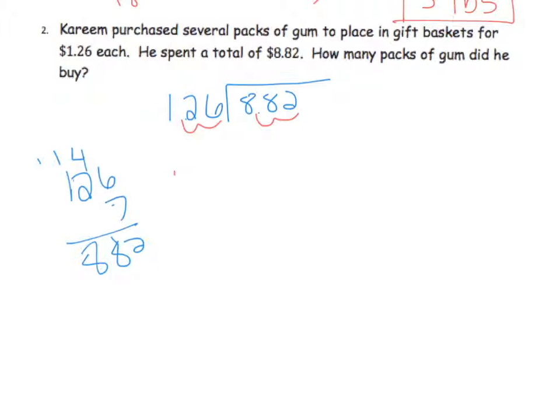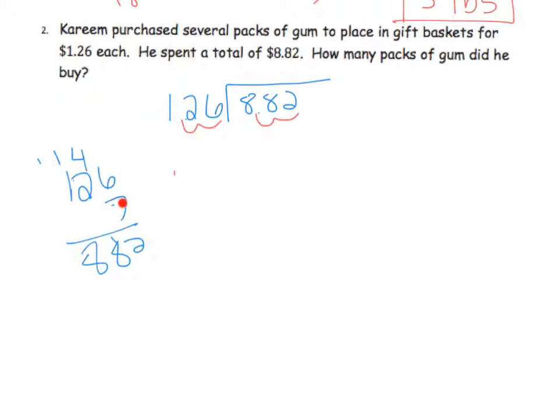All right, how'd you do? So what I found is, first I had to move my decimal because I wanted to clear my decimal. So if I moved it 2 places, I have to move it 2 places here. And then the first guess I made was 6, I'll admit. I thought if it's 1, it's not going to go into 8 times, so I guessed 6. And it was too low, so then I tried 7. 7 times 6 is 42.